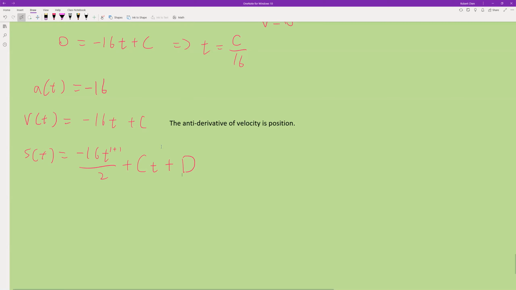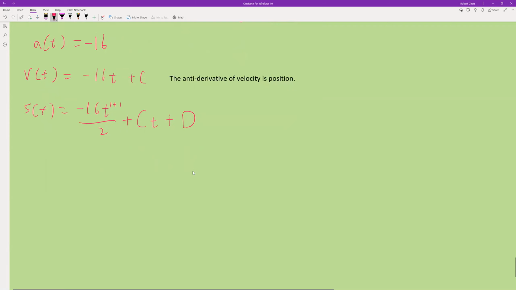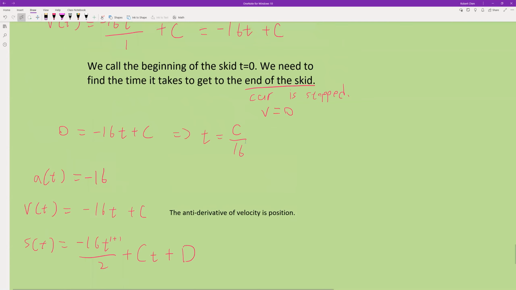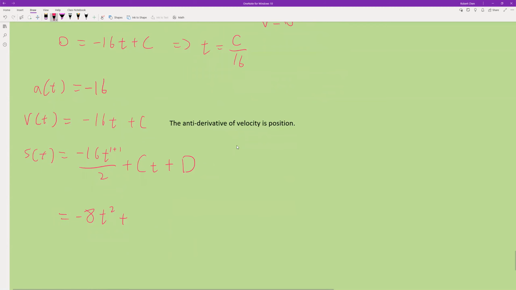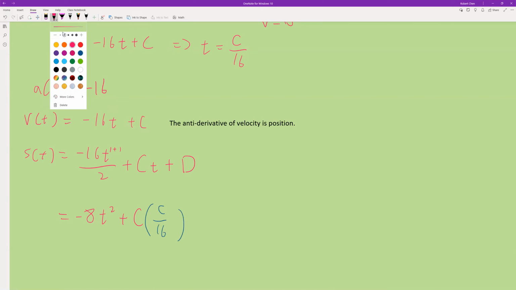You can use C1 and C2 like we did in the previous example, or you can use different letters, C and D, to represent different constants. So we have negative 8t squared plus ct plus d. Now, from earlier, t is equal to c over 16, so we have c times c over 16, plus d.